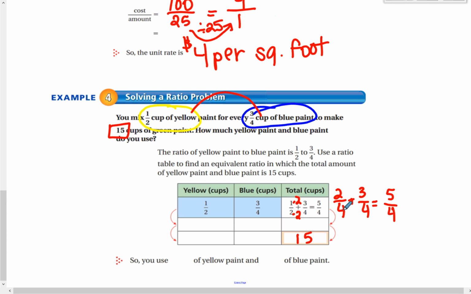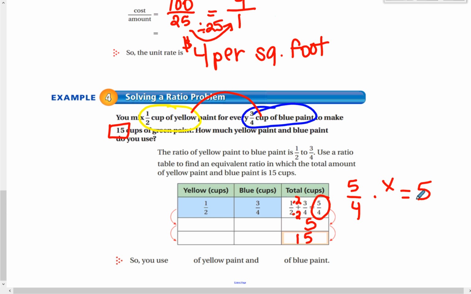Now we just have to play around with what we need to multiply by to get there. So let's look at our 5/4. We can multiply 5/4 by some number to get it to be 5. 5/4 times some number, we're just going to say x equals 5.